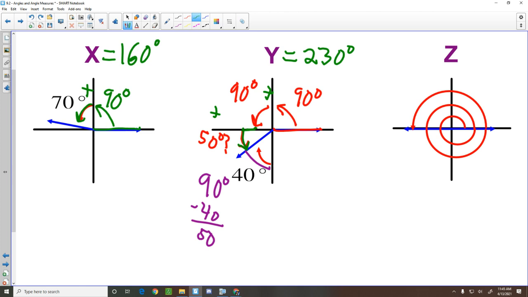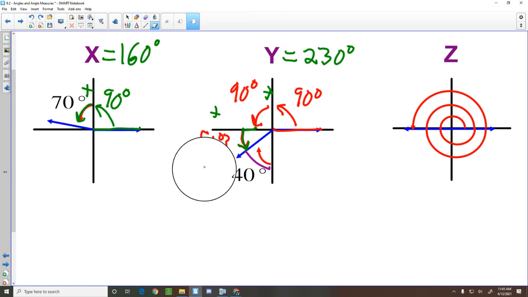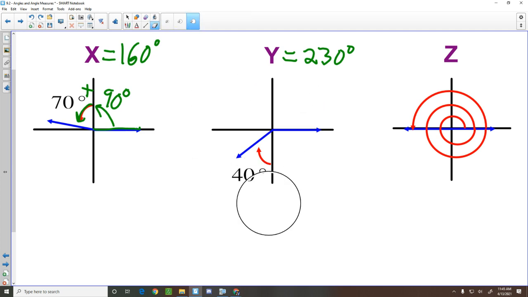Another way that you could have answered this one that might actually be a bit easier is if you simply recognize, look at this measure right here. That 40 degrees is being measured from this negative y-axis. Do you remember how many degrees it is straight down? That's 270.